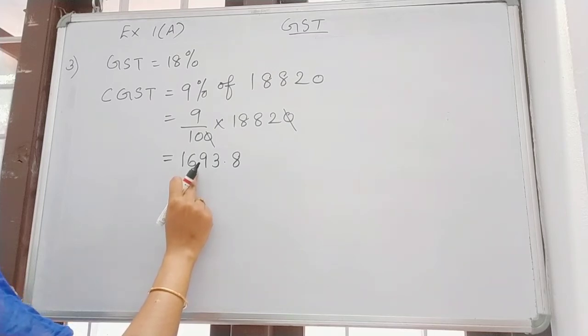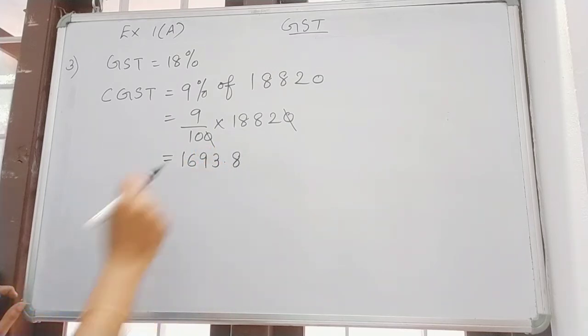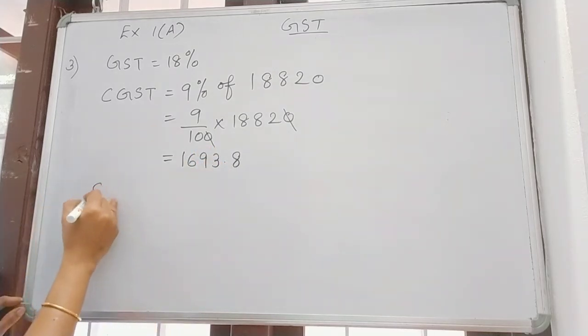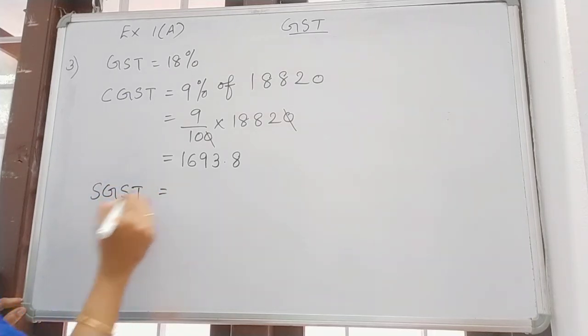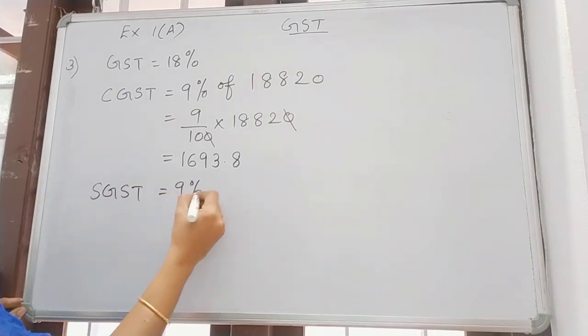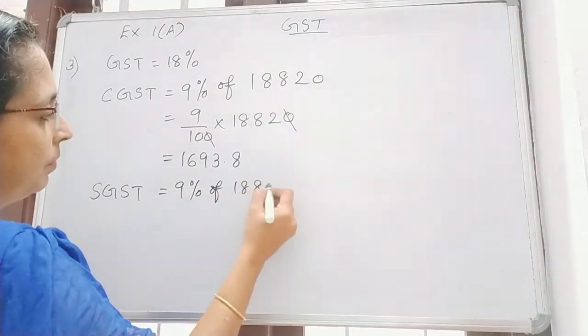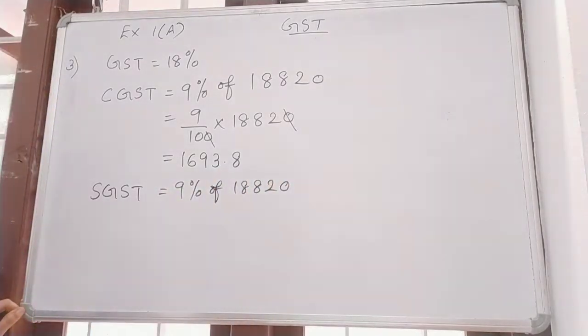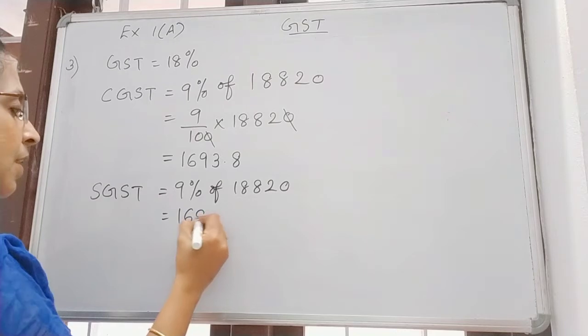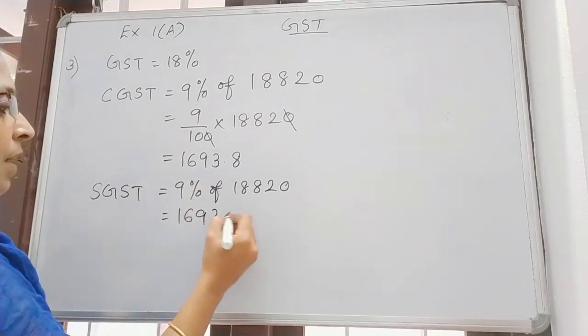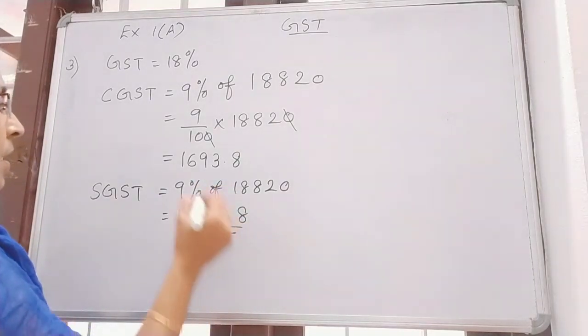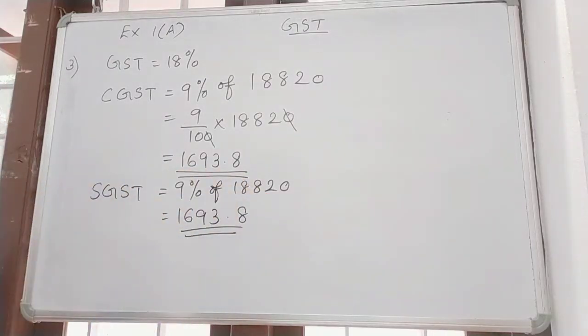So you will get it as 1693.8. So similarly, what will be SGST? SGST also will be 9% of 18820. So same answer we will get it as 1693.8.